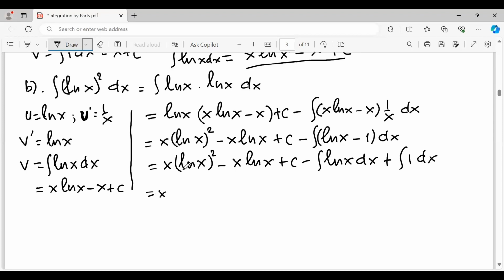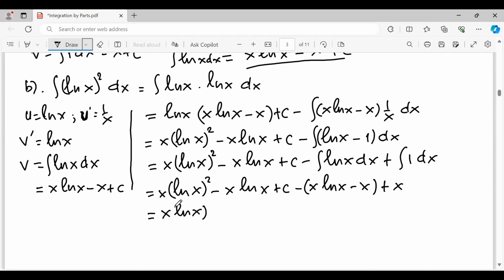So next, the result is x ln x squared minus x ln x plus c minus integrals ln x. This one is x ln x minus x, c already here, plus x.